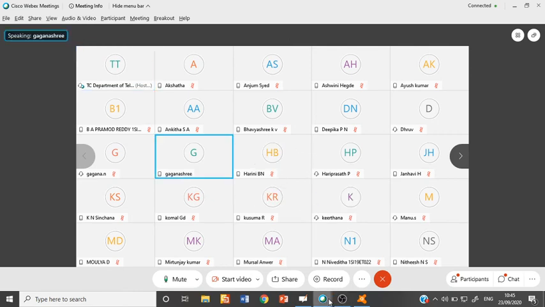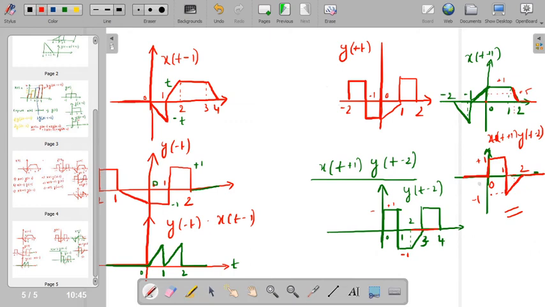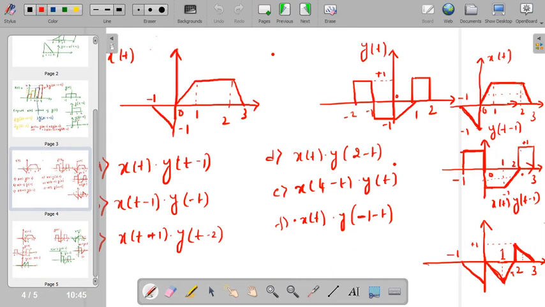Okay. So now do the next operation. What is the next one we got? That is x of t into y of 2 minus t. Okay.